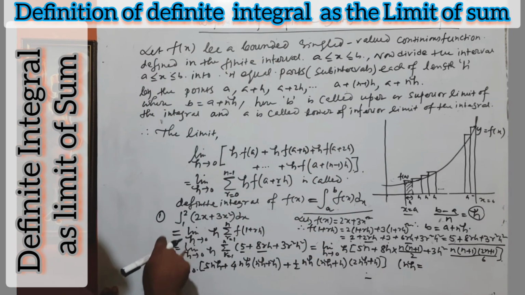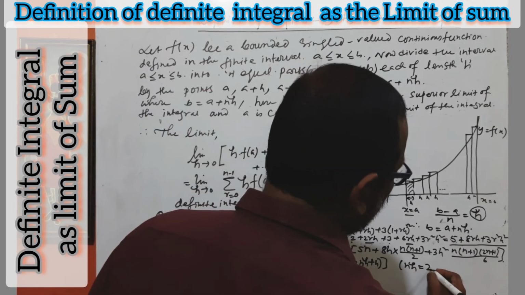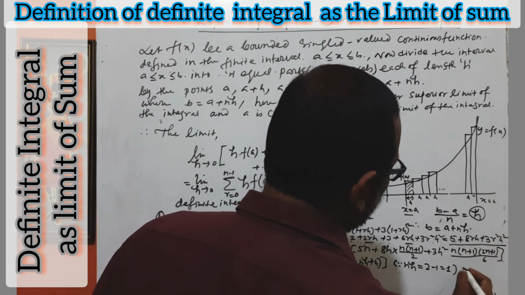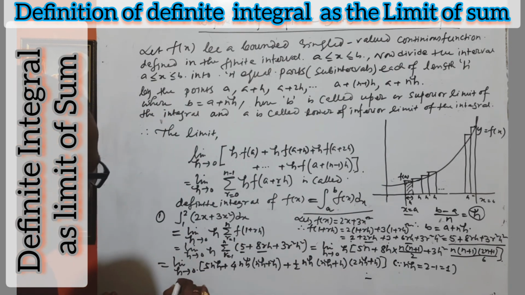this is upper limit minus lower limit, this is 2 minus 1, so that is 1. Okay, put nh equal to 1.